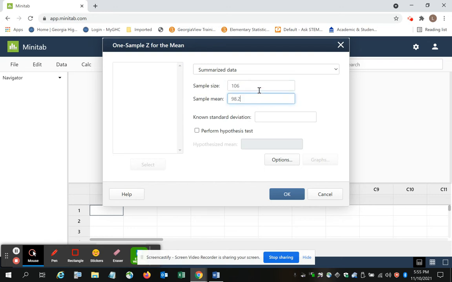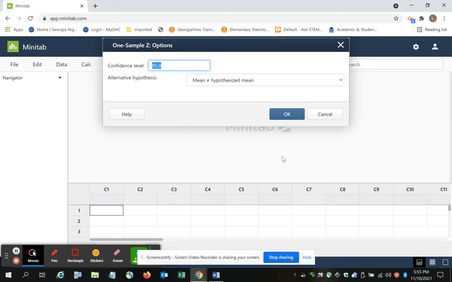My sample mean was 98.2. The known standard deviation was 0.62. You do need to perform a hypothesis test. My hypothesized mean, or my population mean, was 98.6. My level of significance was 0.05, or 5%. Therefore, my confidence level is 95%.